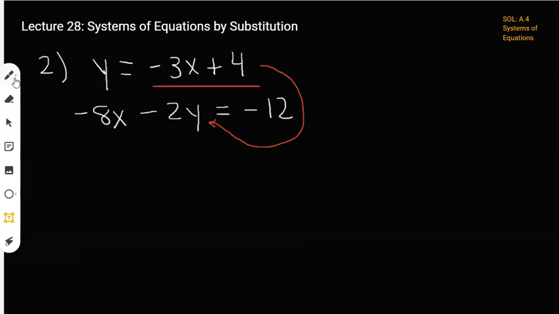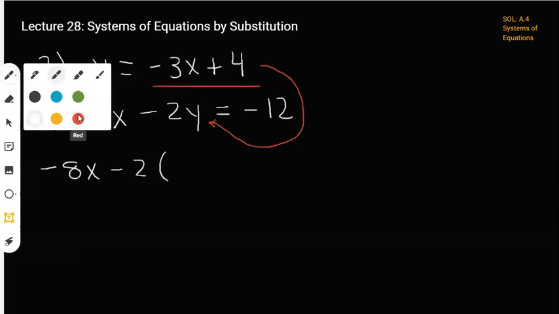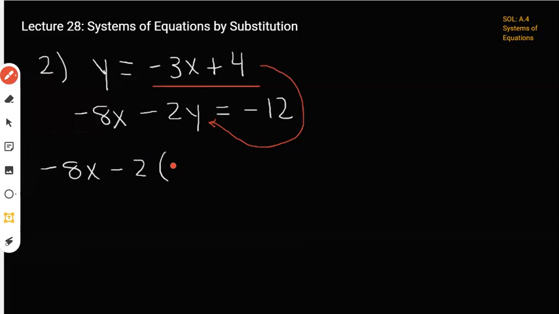So when I plug that in, I get negative 8x minus 2y. But in place of the y, I'm going to put the negative 3x plus 4 from the top.